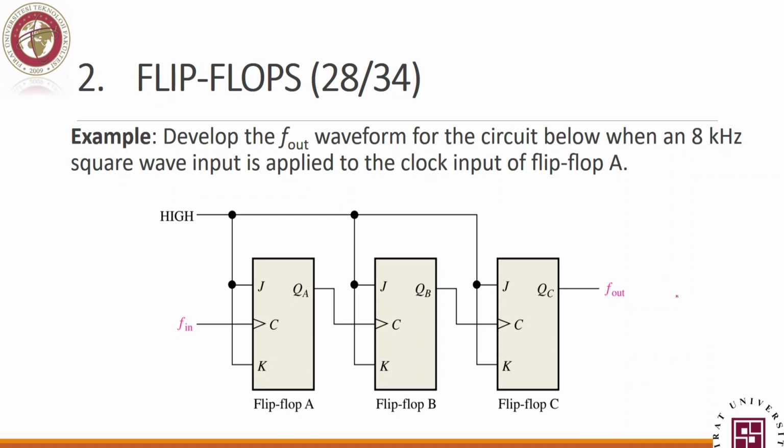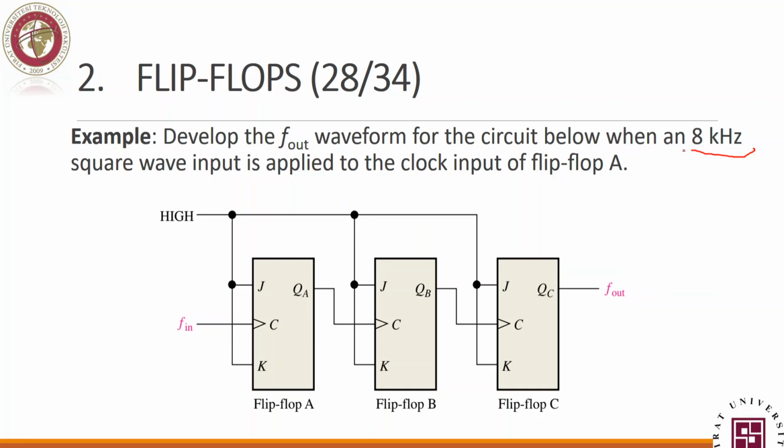Okay. Look at this, the frequency out. If you get such a question: develop the output waveform for the circuit below when an 8 kilohertz square wave input is applied to the clock. Now we have the frequency of the input. We know that this is divided by 2, divided by 4, divided by 8.